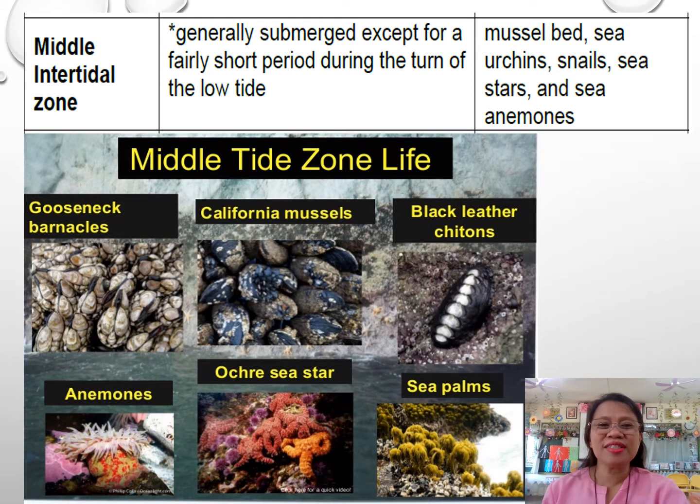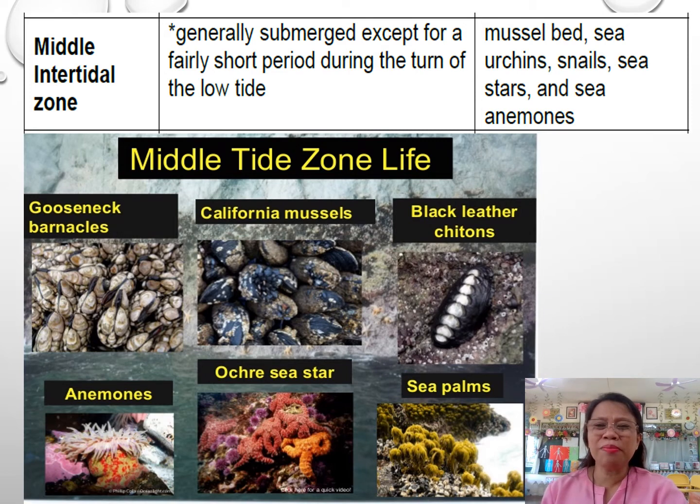The middle intertidal zone generally submerged except for a fairly short period during the turn of the low tide. So, ang middle intertidal, submerged yun na siya perme. Na sometimes in a part niya nga, dili na siya masubmerge kaya nag-very low tide. Pero mostly, generally, submerged in water yun na.